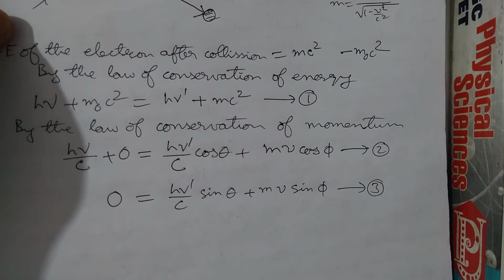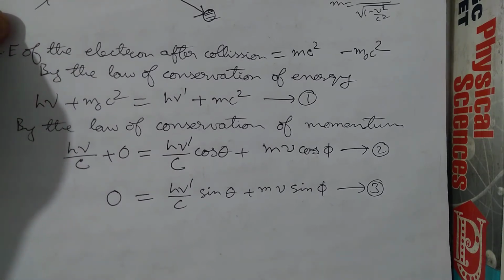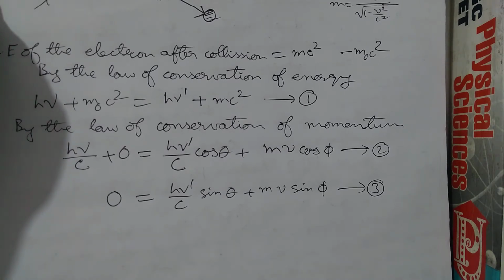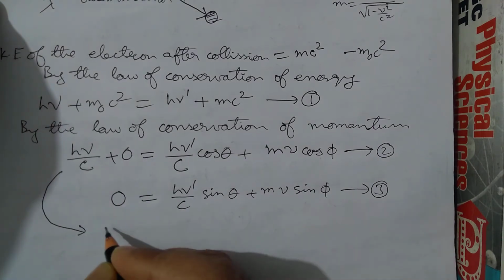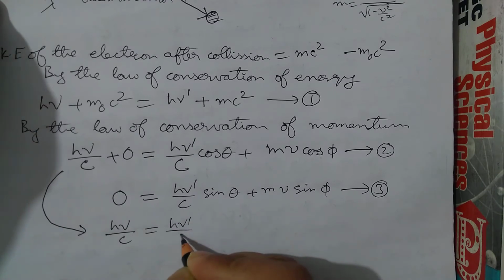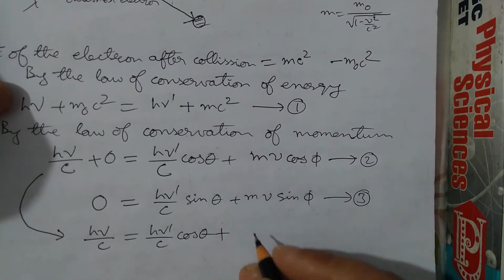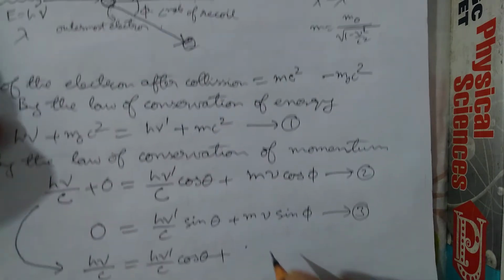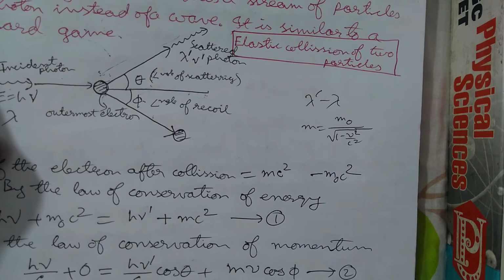Now, let us modify this equation like this. This will be h nu by c is equal to h nu prime by c into cos theta plus m v cos phi. What is m? You can write m is equal to m naught by square root of 1 minus v square by c square.